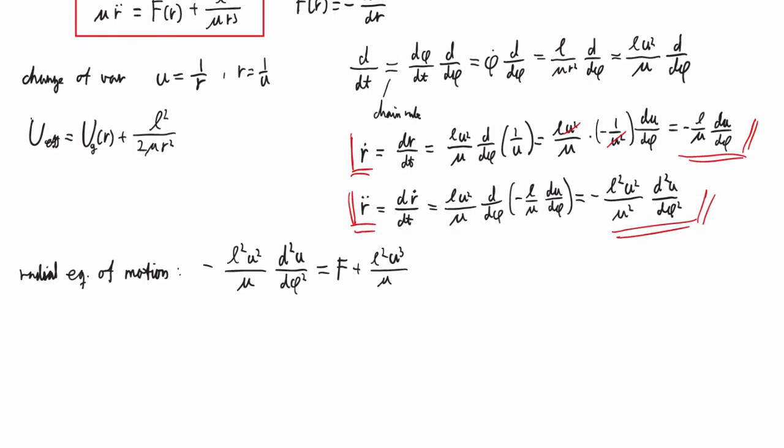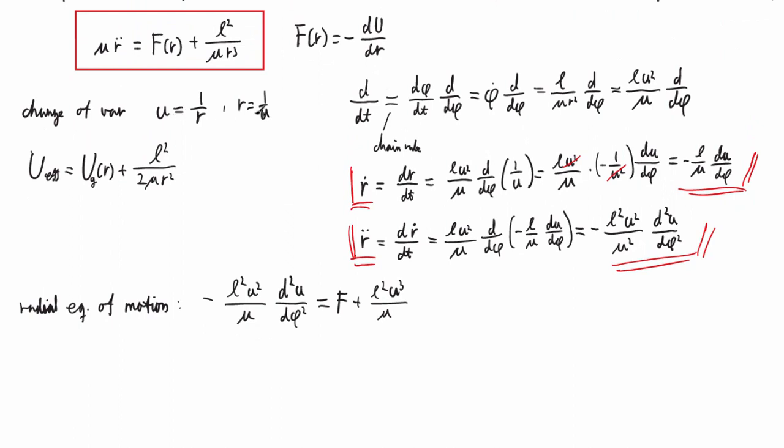Then of course we note that F is only a function of r, so slightly simpler we can just write it as this, and by simplifying a little bit, we can for instance note that two of the u's here go away.